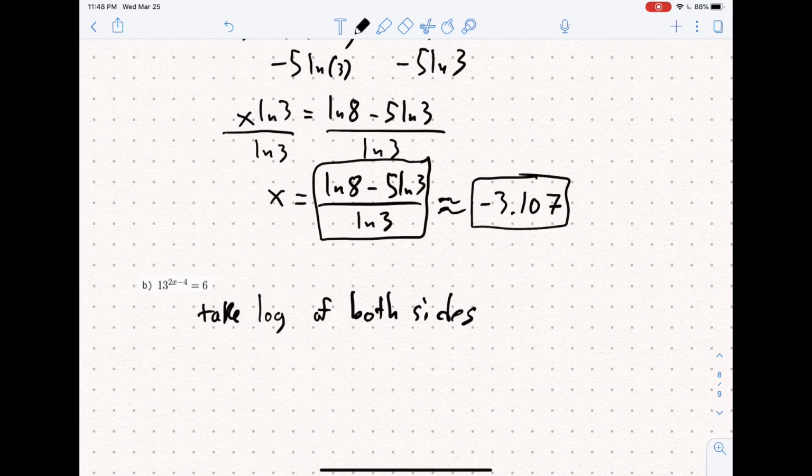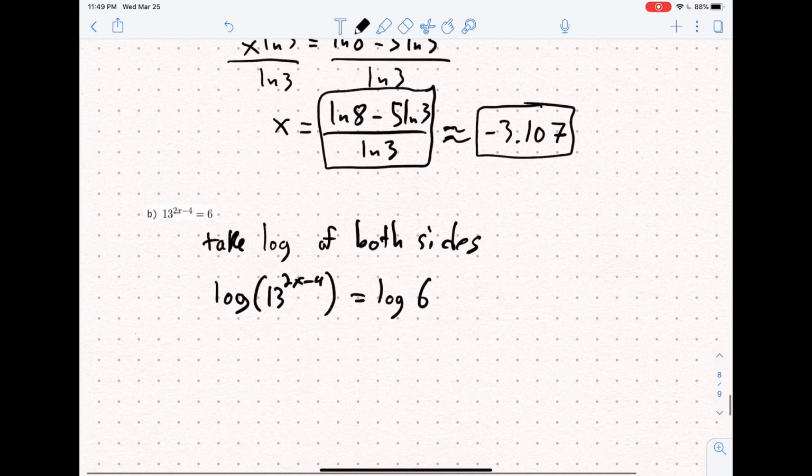Okay. What do we get? Well, let's see. We're going to have the log of 13 to the 2x minus 4 is equal to the log of 6. As long as you use the same kind of log, the same base on both sides, you can use any log you want.